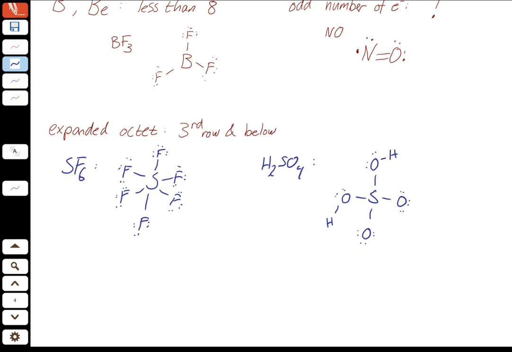But the way we have this drawn right now, there would be a formal charge here and here on oxygen, and there would be a +2 formal charge on sulfur. So if we care about minimizing formal charges, we should draw this as a resonance form that violates the octet rule.